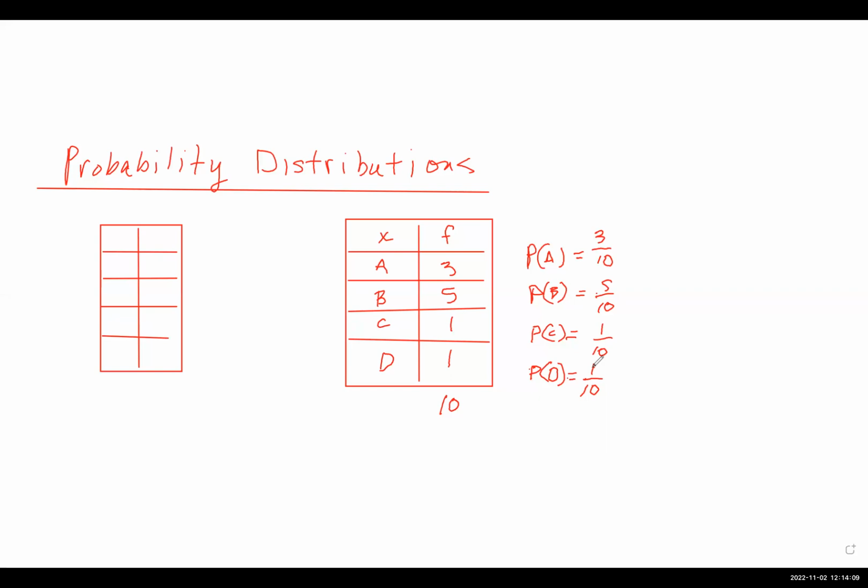So a probability distribution has the outcomes, and then simply next to that is just the probability of those outcomes occurring.